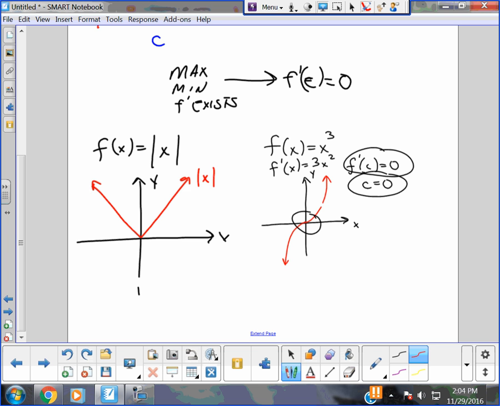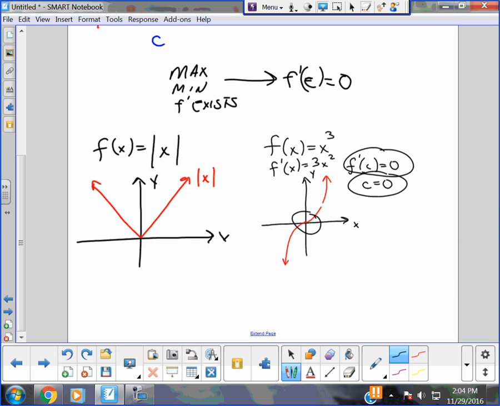Is there a minimum on this one? An absolute minimum. It's 0 at 0, right? We can tell by the graph. Does the derivative exist at 0? No, it does not.